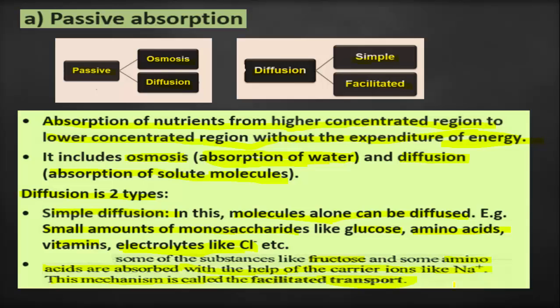Energy is not at all consumed during passive absorption. Some proteins of the plasma membrane help as a channel to transport the molecules, and a carrier ion like sodium is also involved to transport substances like fructose and some amino acids. This kind of diffusion is called facilitated transport. Some particular structure is involved for the transport purpose. That is why this is called facilitated transport.